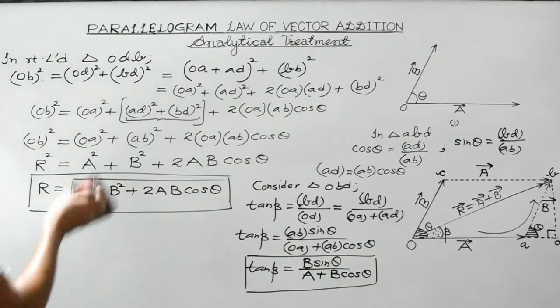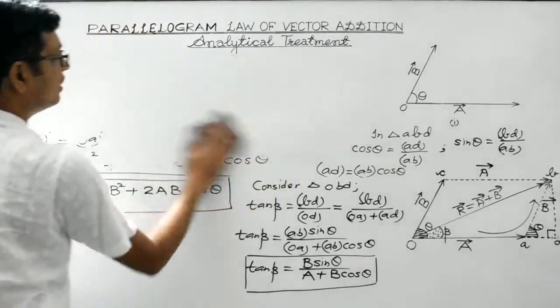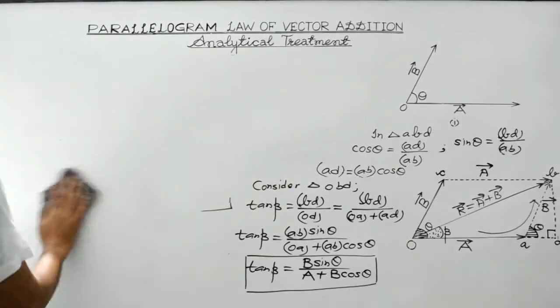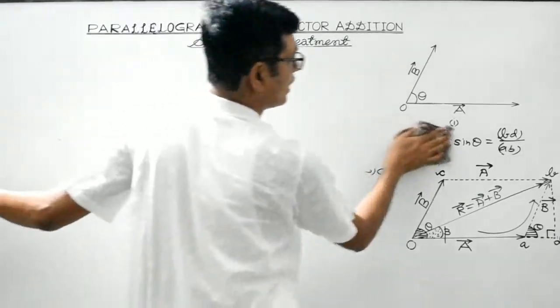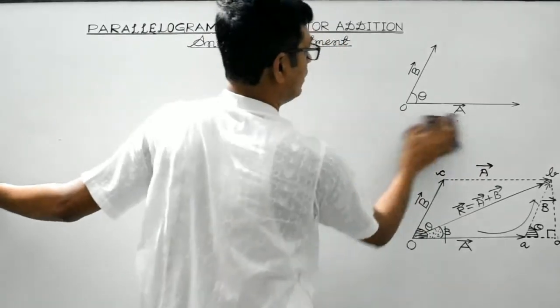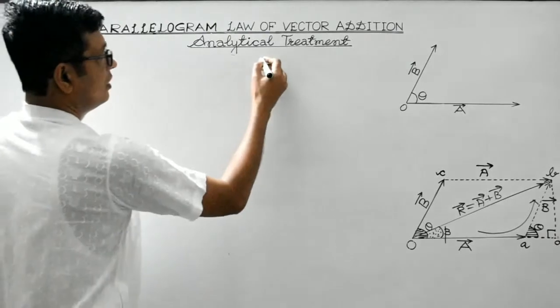So case 1, we'll consider the angle between the two vectors to be 0 degree. Then let's try to find out the resultant, its magnitude as well as direction. So let me write down the formula first.